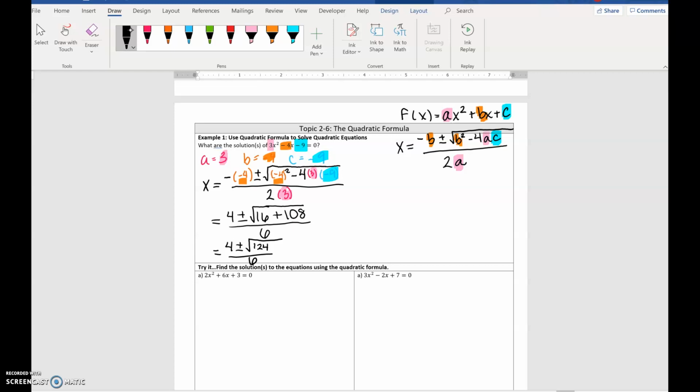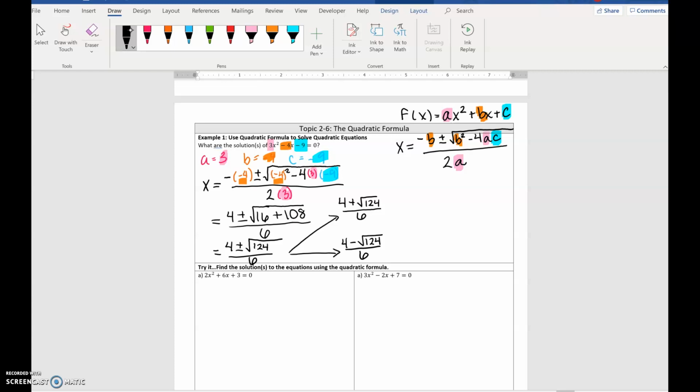And so we still have two answers here because, again, we have that plus or minus. So we have 4 plus the square root of 124 divided by 6, or we have 4 minus the square root of 124 divided by 6.